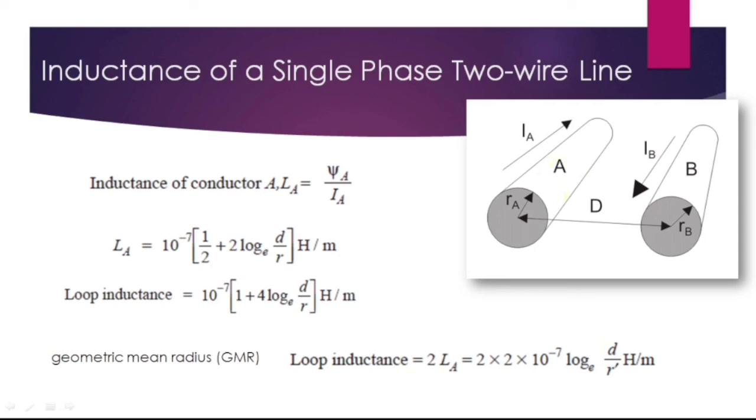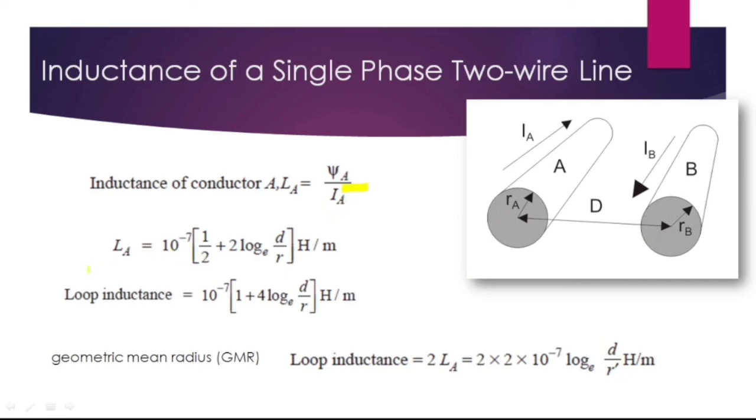For this conductor A, inductance value is equal to flux linkages by current value. That means we need to calculate the flux linkages of the conductor A. The flux linkages are due to the internal flux and the external flux, the external one being due to the current IB value. Due to these two, the LA value is concluded as psi A by IA.